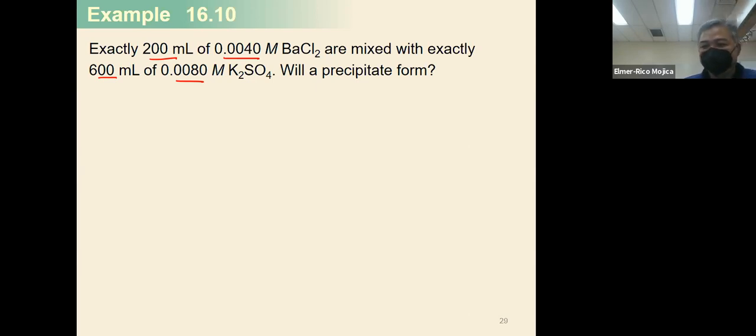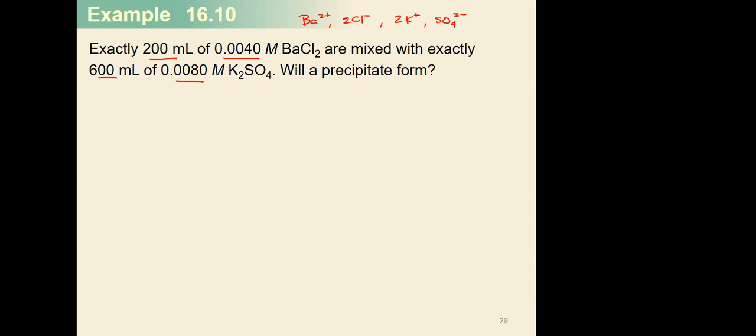What are the ions that are present here? Barium 2 plus, 2 chloride ion, 2 potassium ion, and sulfate ion. So what do you think is the product that will form to precipitate? Barium sulfate.